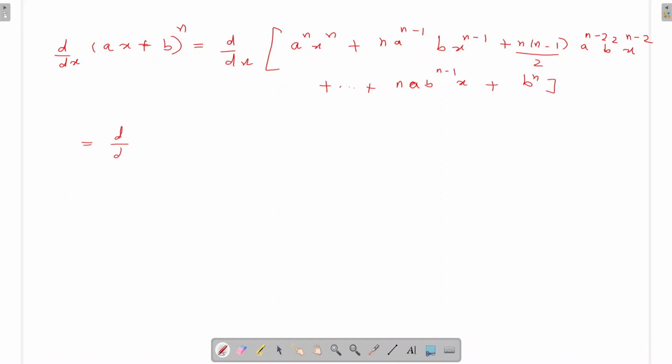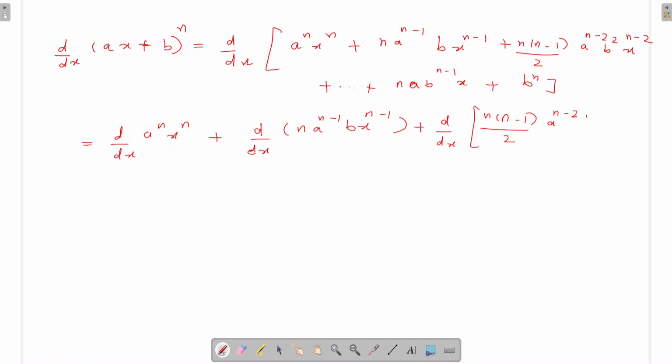So we will get d by dx of a raised to n x raised to n, plus d by dx of n a raised to n minus 1, b, x raised to n minus 1, plus d by dx of n multiplied by (n minus 1) divided by 2, a raised to n minus 2, b raised to 2, x raised to n minus 2, and so on, derivative of n a b raised to n minus 1, x, plus derivative of b raised to n.